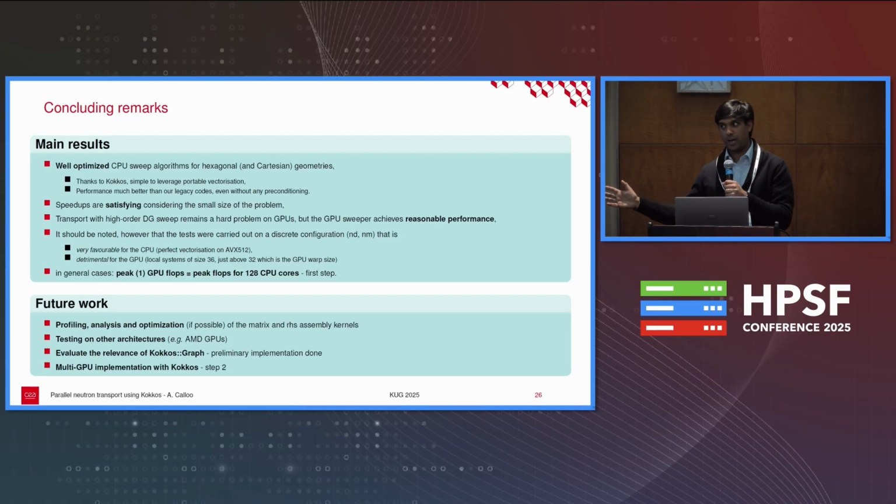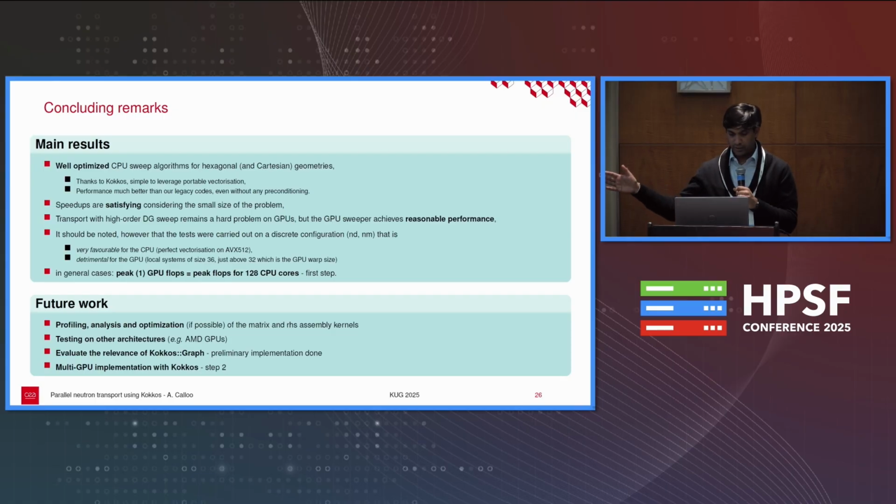So we are very, very happy about this. If we precondition, we know we're going to get even more speed up. The speed ups are very satisfying considering the small size of the problem. We're going to do much bigger problem sizes, but since we are only limited to doing things on one GPU, we have to work a little bit more.